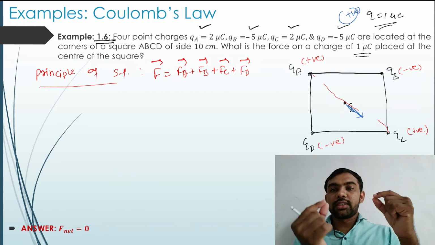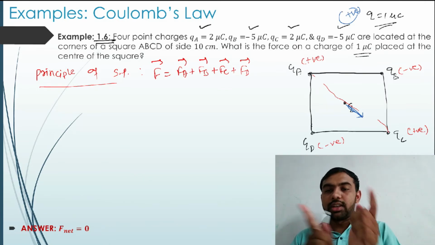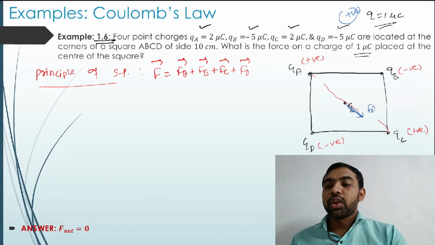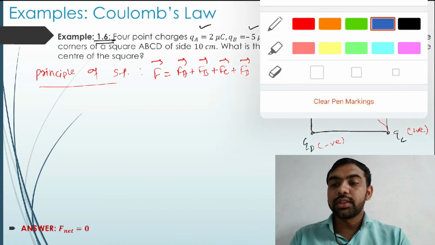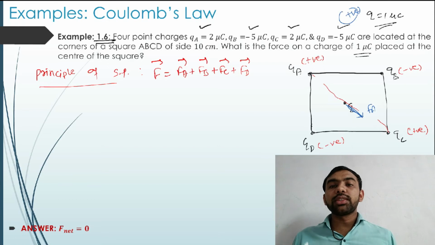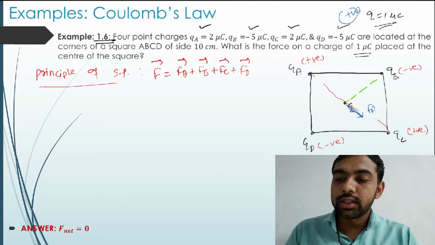Suppose here Q is and here QA is, so away from the charge means like this. Where is QB? QB is negative, so negative and positive give an attractive force, meaning towards the charge, and that is FB.